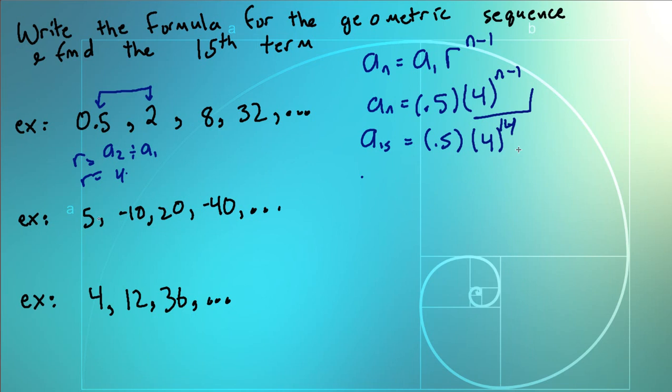Okay, so going on to the next one, same formula yet again. And our first term is 5. Our ratio, it looks like we're multiplying by -2, and n minus 1. So that gives us our formula.